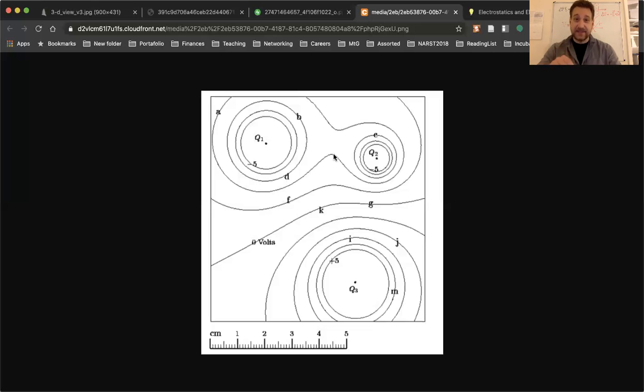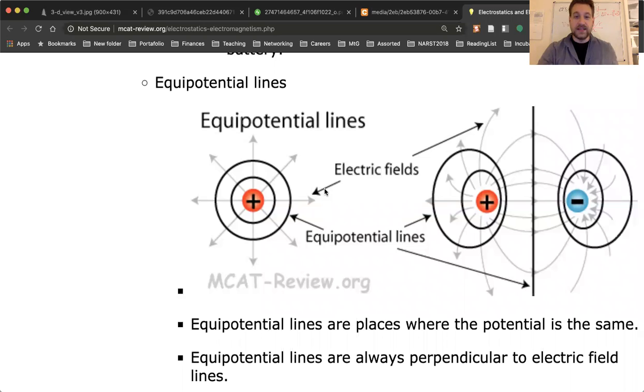The path that ball takes downhill, the path that the rubber duck makes through the water, that's the trajectory line. How does it travel? What is its path? We can track the trajectory lines, the electric field lines, and we can track the contours of equal potential.